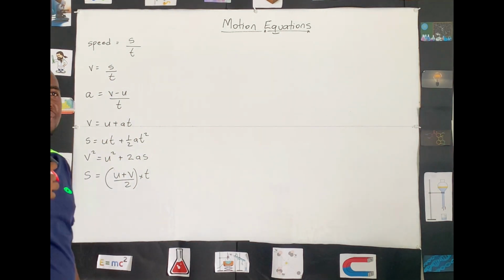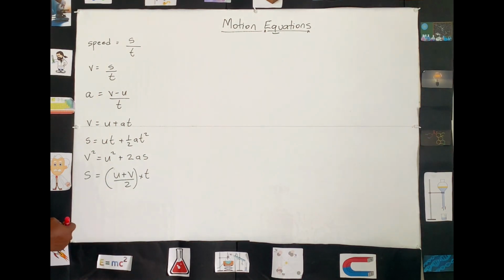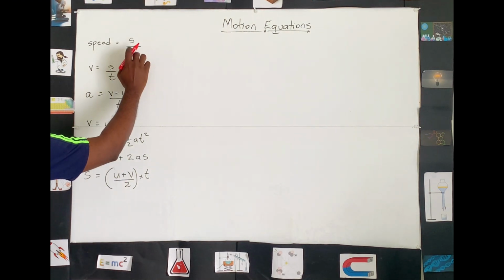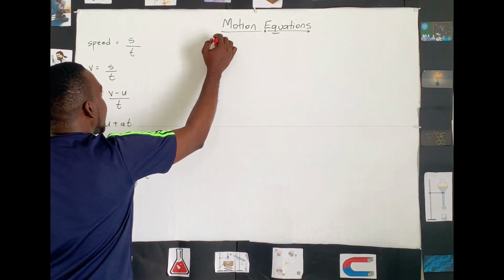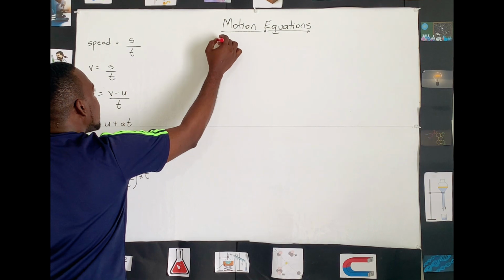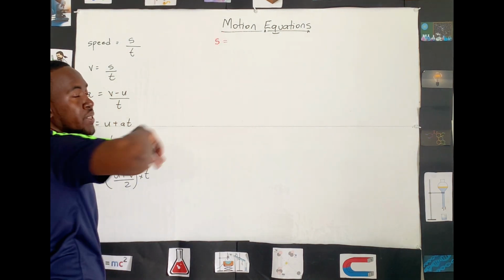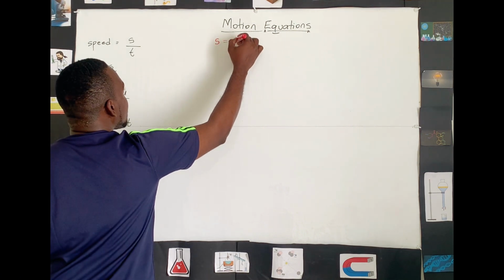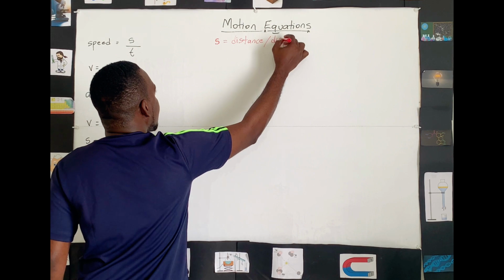Even though some books have symbols to represent speed, we like to keep speed as just speed, no symbols attached. So speed is equal to s over t, just like v equals s over t. That tells us that s is the symbol we use not to represent speed, but to represent distance or displacement.